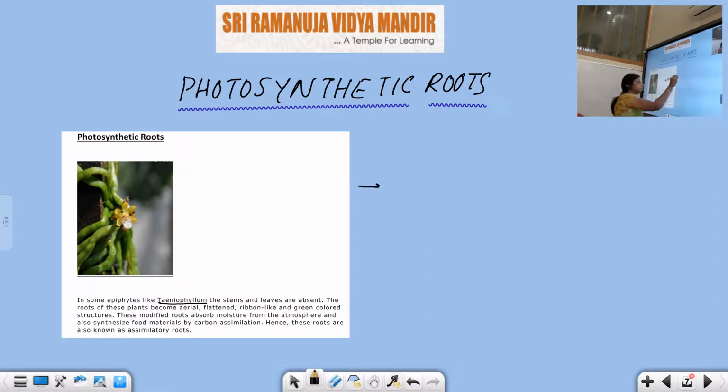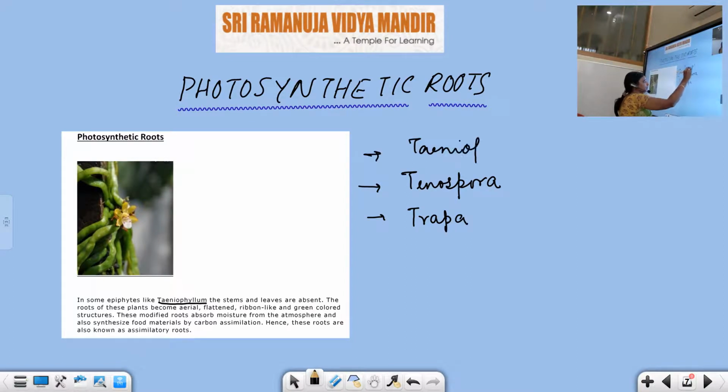One more example is there, Tinospora and Trapa. Taeniophyllum, that example is already given, because in this plant stem and leaves are not present.